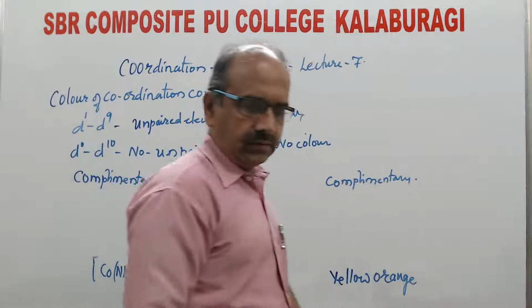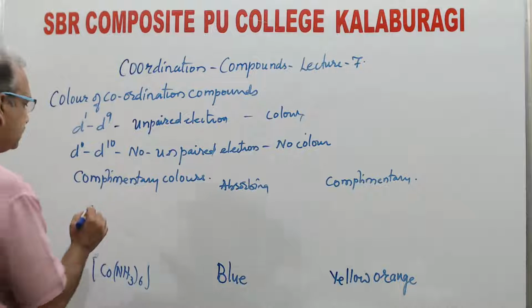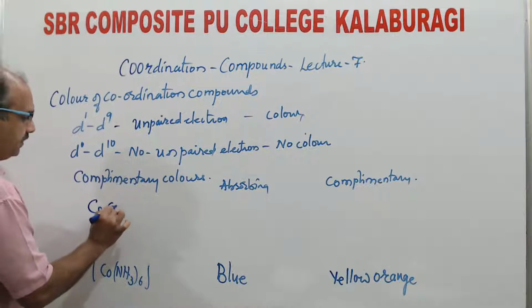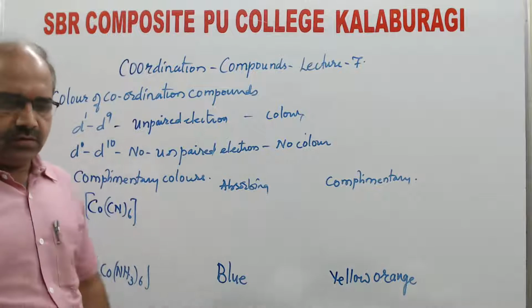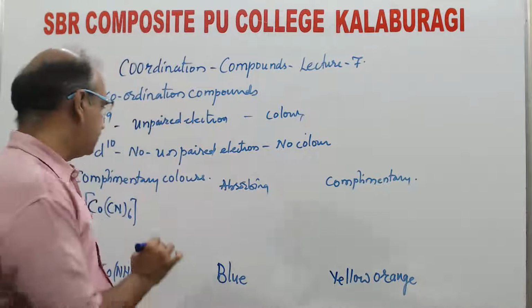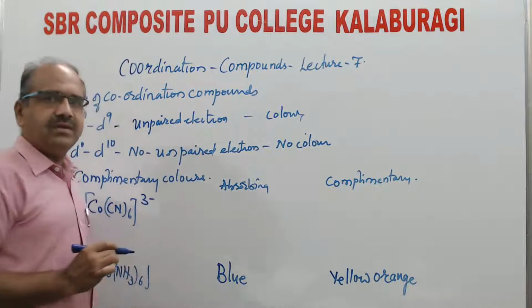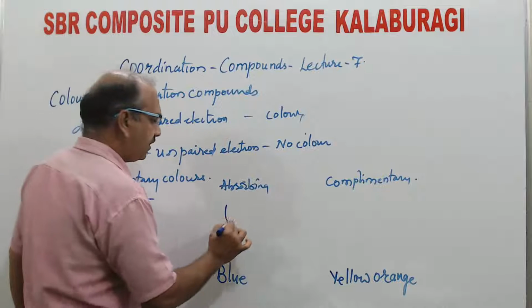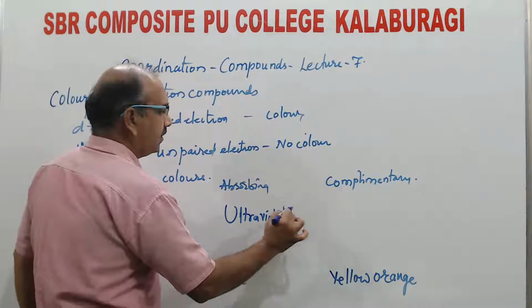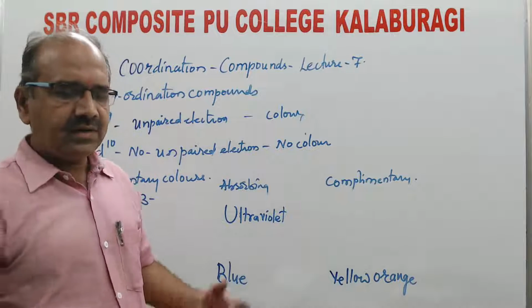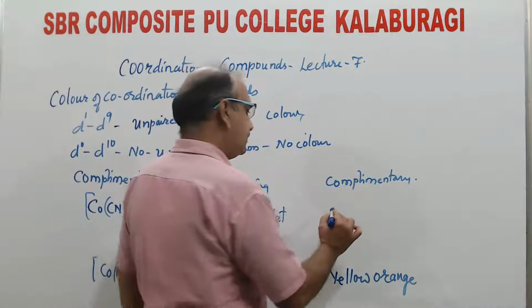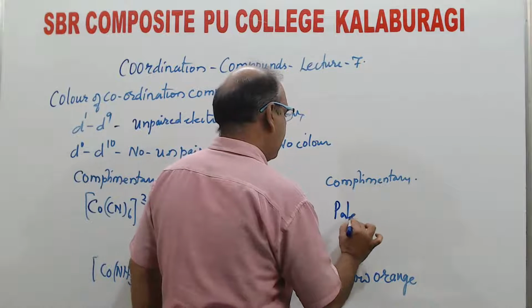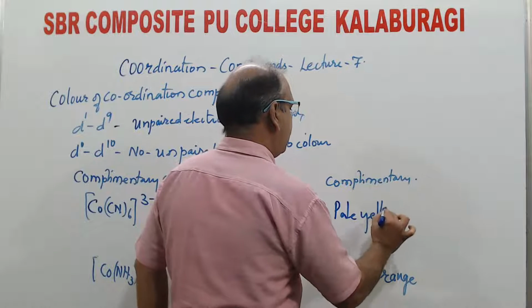Then [Co(CN)6]3-. Now this does not absorb in the visible region, but it absorbs in the ultraviolet region, and the complementary color to the ultraviolet region's frequency is pale yellow.